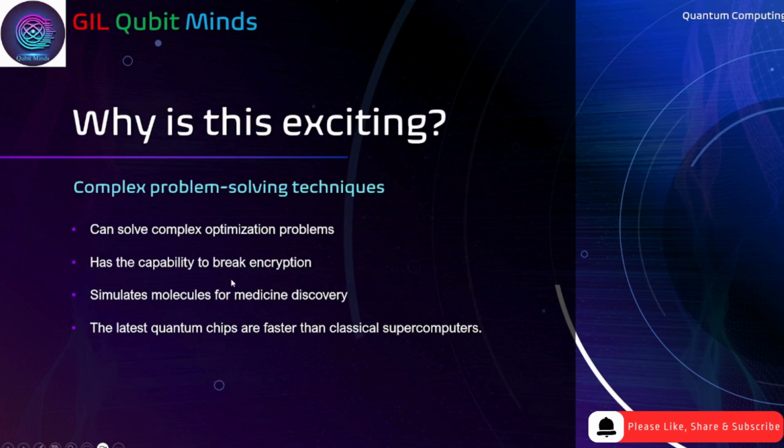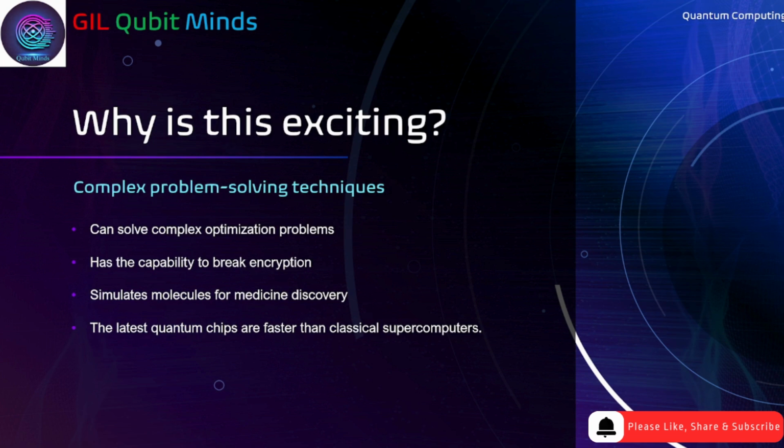Well, now why is the quantum computer exciting? If we see the complexity level, how the quantum computer solves problems is very high. It can solve complex optimization problems. It can break any kind of encryption that is not built to be quantum safe, with the help of quantum algorithms.